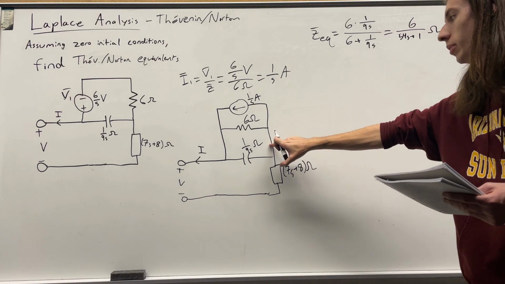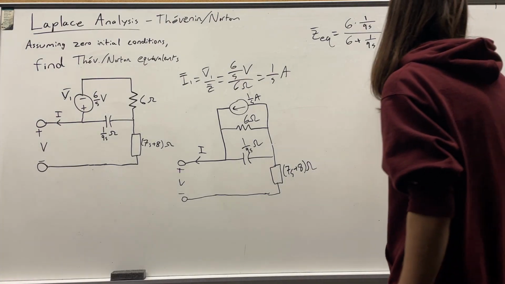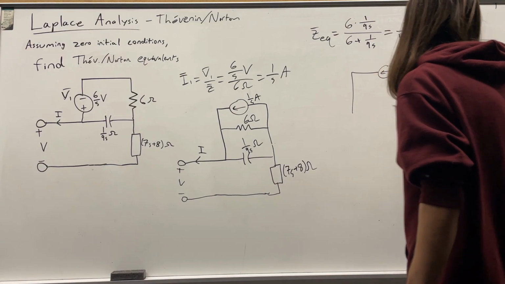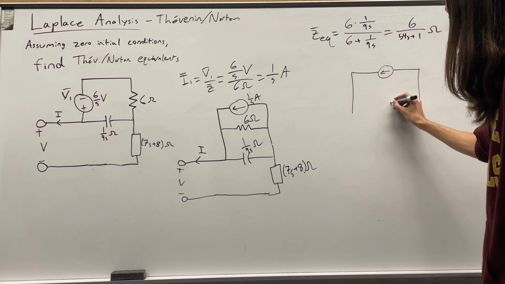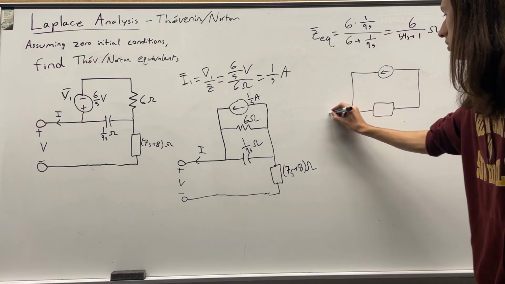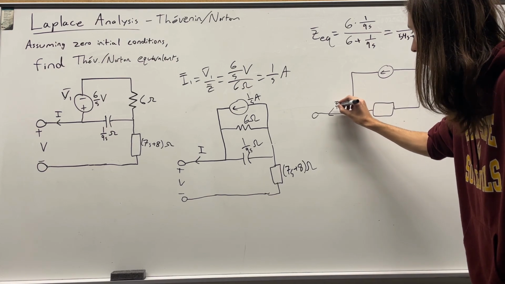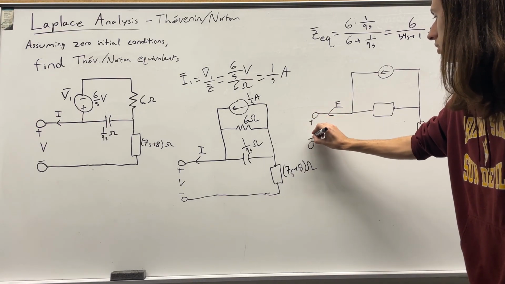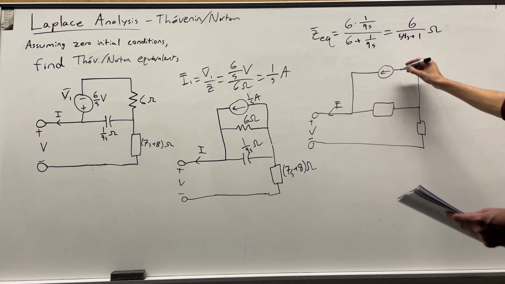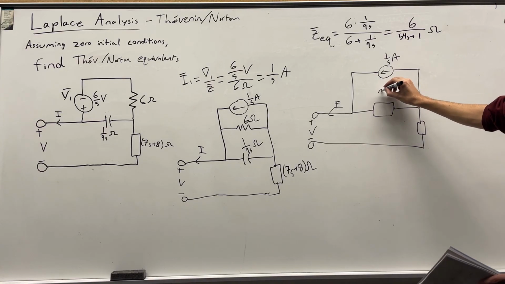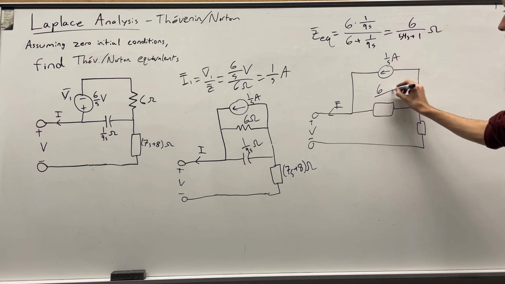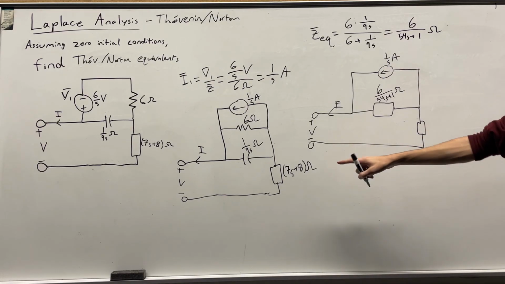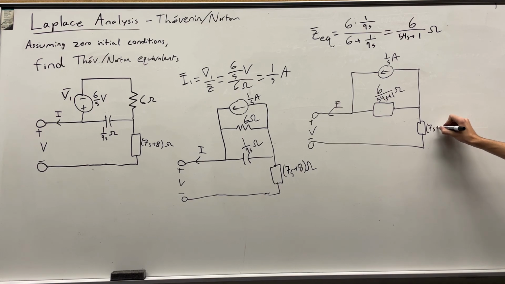So that's the combined impedance of these two. So I'll draw that. Current source stays the same. 6 over 54S plus 1 ohms, and then 7S plus 8 ohms.